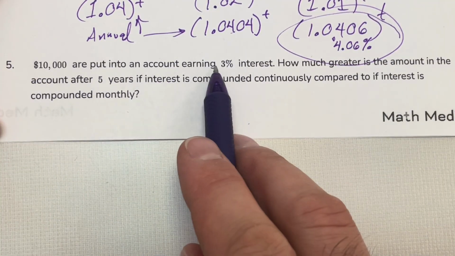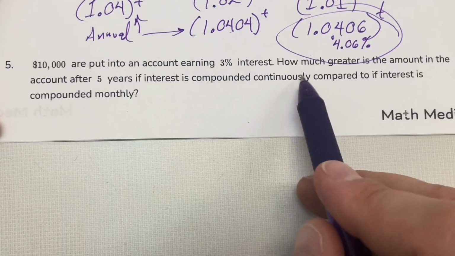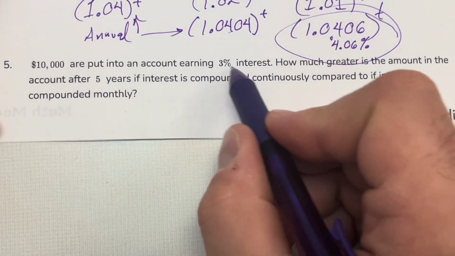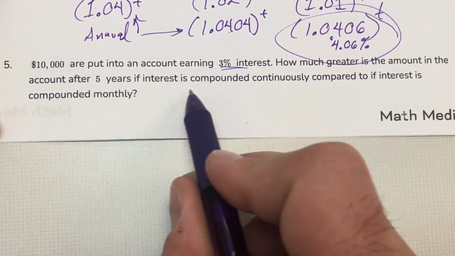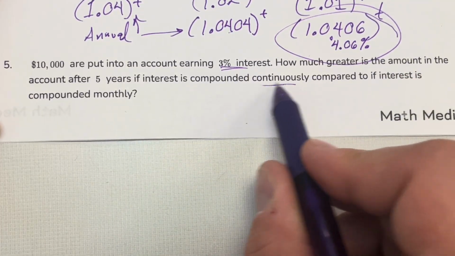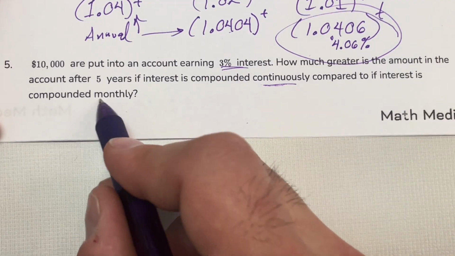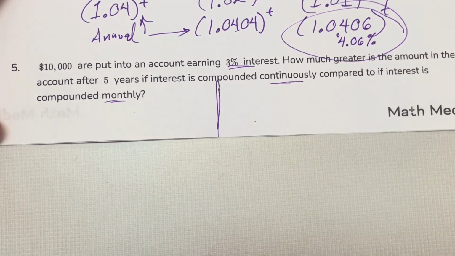$10,000 is put into an account earning 3% interest. How much greater is the amount in the account after 5 years if it's compounded continuously, compared to if it's compounded monthly? So we're going to do 2 different workups for this.